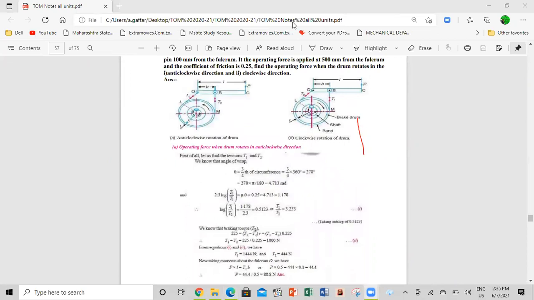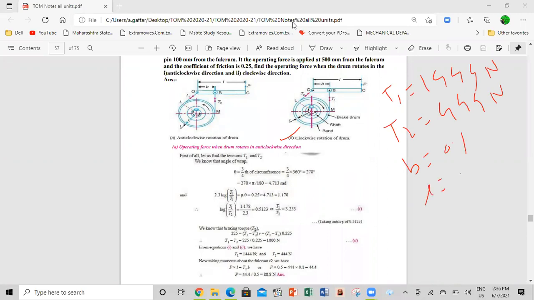Here also the value of T1 is 1444 and T2 is 444 Newton. B is equal to 0.1 and L is equal to 0.5 meter. What is the formula for finding the effort or operating force in clockwise direction?